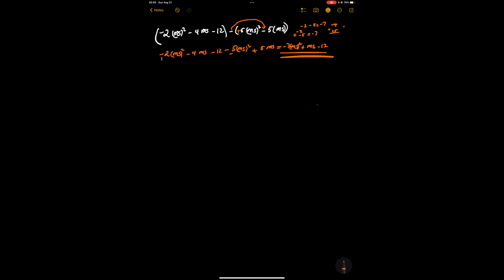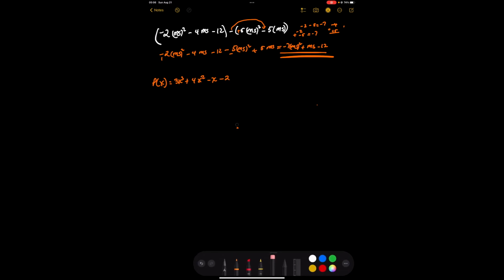Now, apart from that, let's do another thing. We're going to name the polynomials. Let's say we have this polynomial called p of x. We got p of x is equal to 3x cubed plus 4x squared minus x minus 2. Okay, that's p of x.